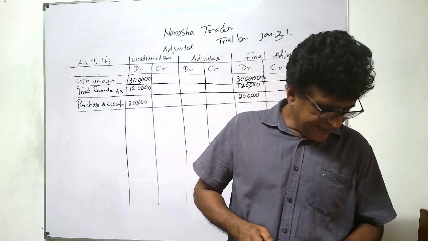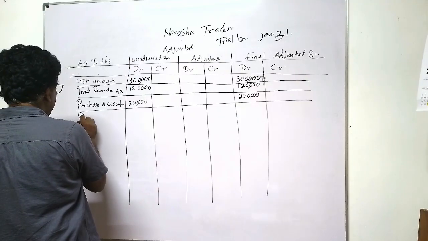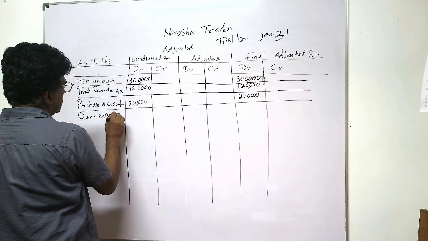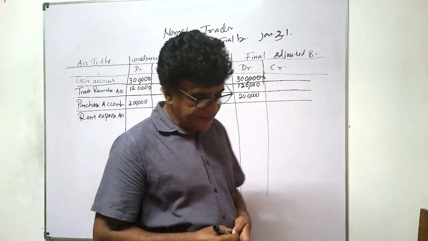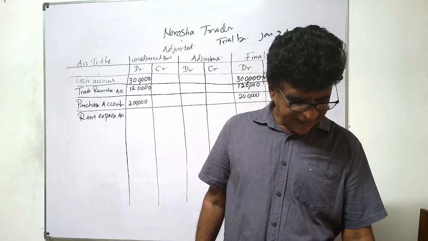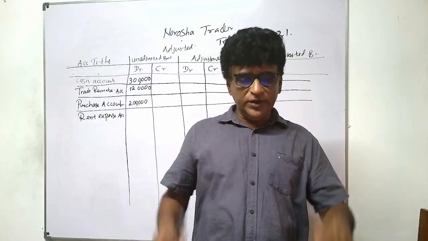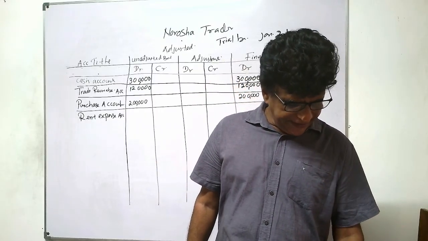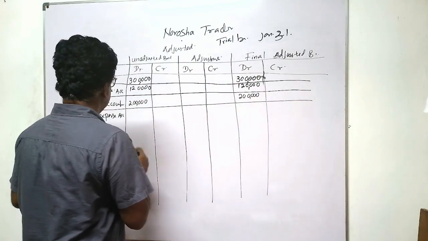Next is the rent expense account. In the rent expense account, we have adjustments. What is it? 6,000 is relevant to February. We have only 24,000 amount for January. The debited amount is 30,000, right?